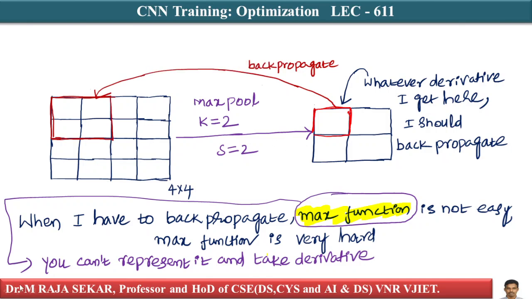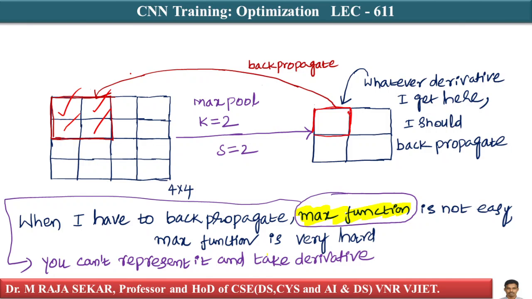I will calculate the derivative here, and I will back propagate to these 4 cells. That's the procedure in back propagation. I must back propagate to these 4 cells, this cell, this cell, this cell. I need to somehow compute the derivative.